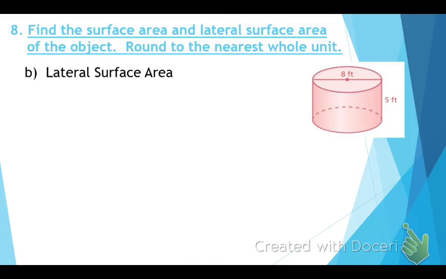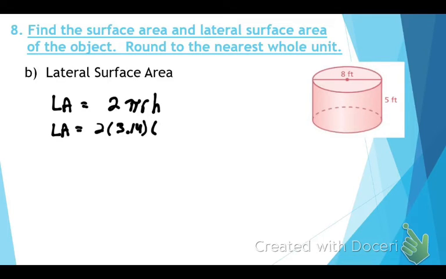Okay, so just to show you once again, LA equals 2 pi r h. We already discovered this before when we plugged this in. 2 times 3.14. You already told me the radius was 4 and the height was 5. We multiplied that whole thing out. What did you get when you multiplied that? 125.6.